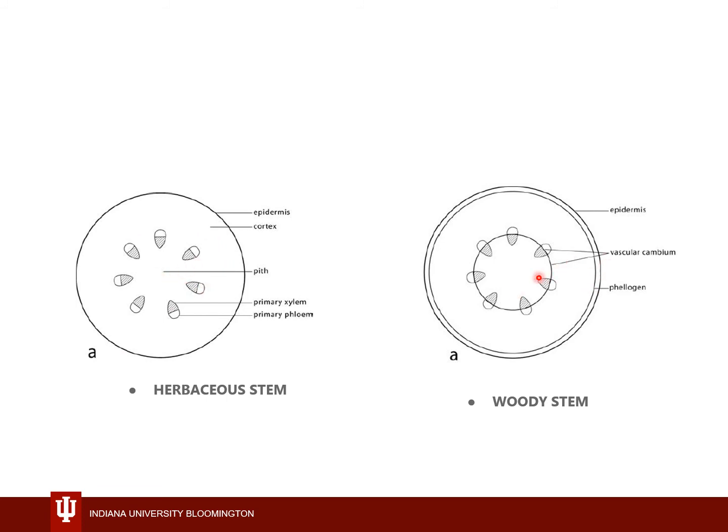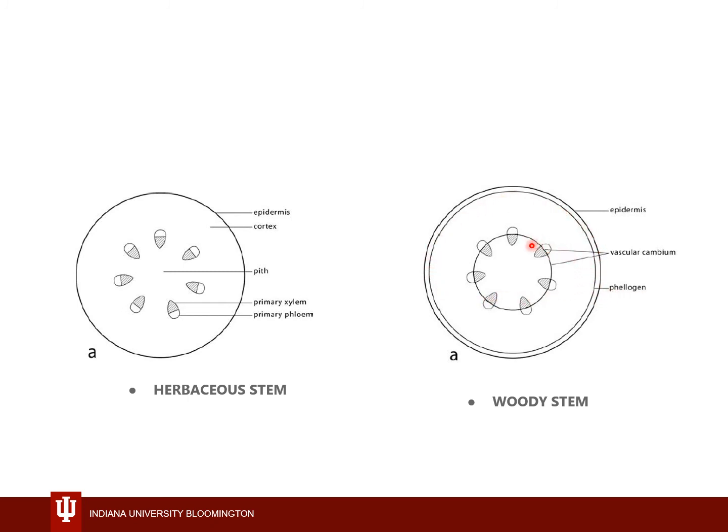This is an actual tree. So there's some similarities. This would be, it's not labeled, but this would be the pith. You have an epidermis. A lot of this would be cortex. In here, you also have this other ring called phellogen, and I'm not going to really get into what that is.